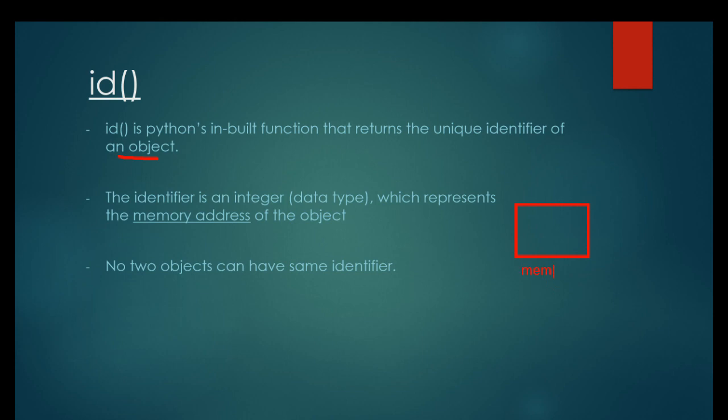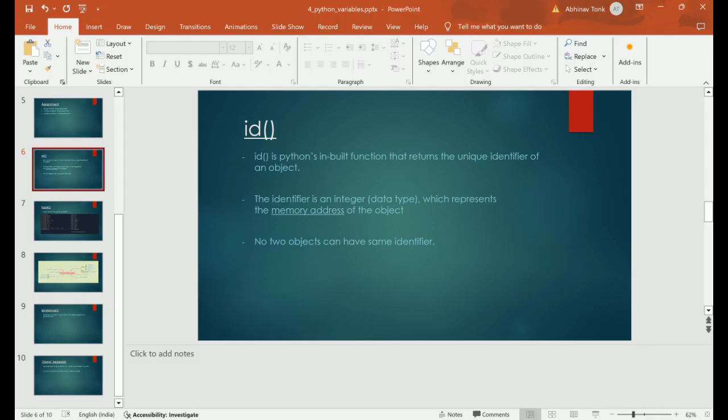So this is a memory location, let's say, and it is used to store some value, let's say 30, and the name given to this particular memory location is the variable, and this memory location will have some memory address. So id is the function which will return the memory address of the particular variable, and no two objects can have the same identifier. Let's see how the id function works.